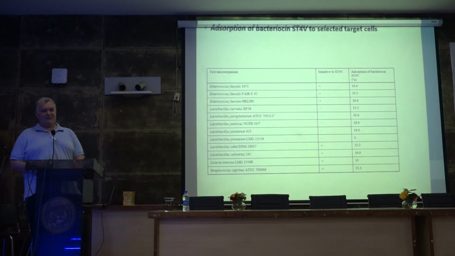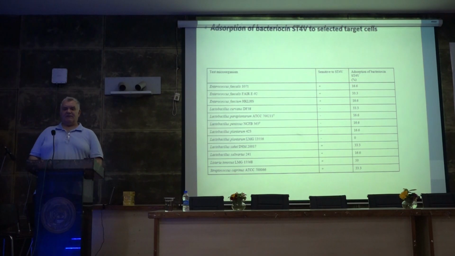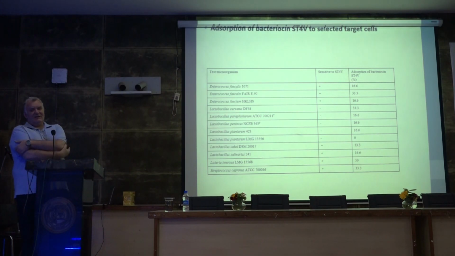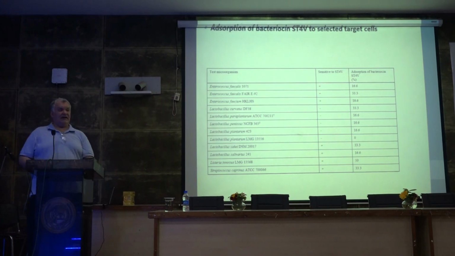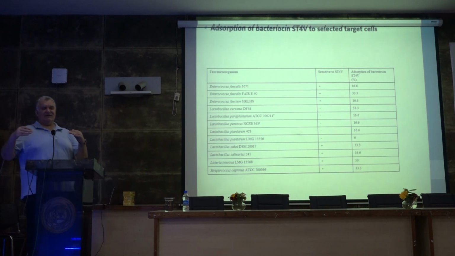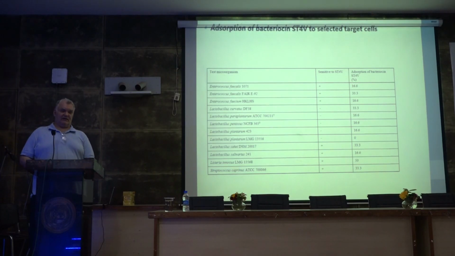Then you mix the bacteriocin together with the cell suspension of the test microorganism. You expose them, let's say, for 1 hour. You centrifuge, you need to correct the pH again, and then you measure arbitrary units again. You compare arbitrary units in the beginning and in the end, and by a formula that is in papers already published several times, you can calculate this percentage.